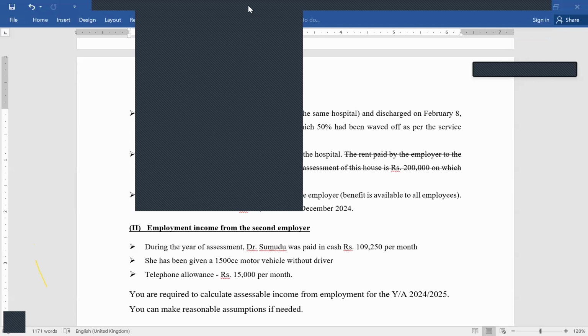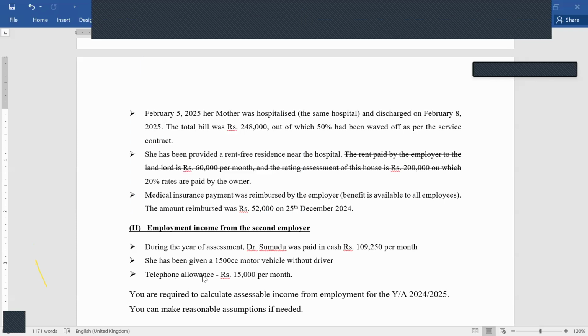That means if it is an allowance, telephone allowance, vehicle allowance, entertainment allowance, fuel allowance, any allowance, we should consider the total amount because that is in cash we will receive. That is total amount 100% we should consider as tax liable.